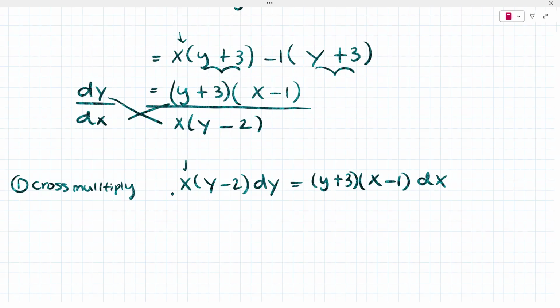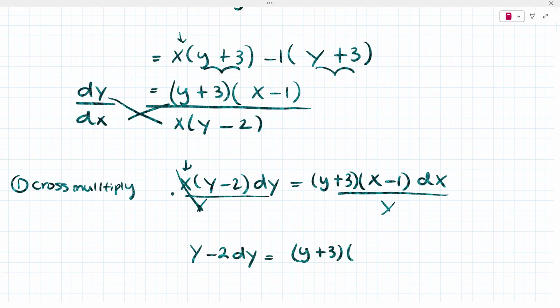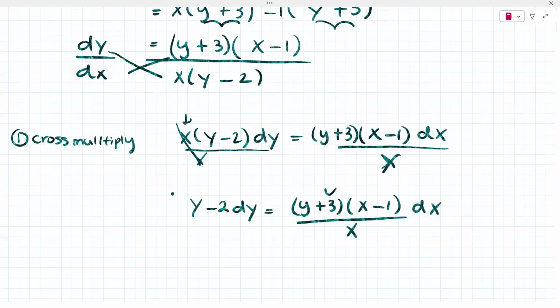Maybe get rid of this x. So I'm going to divide both sides by x. This cancels, and then we're left with y minus 2 dy. And then over here, this is an x, by the way. What else can I do? I should get rid of this y plus 3 because it has a y.